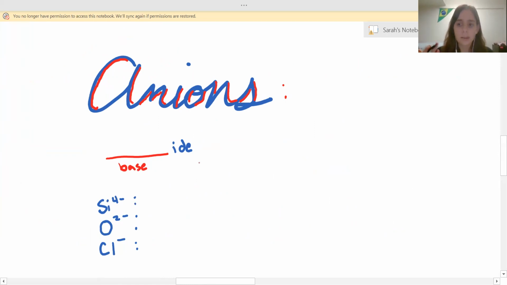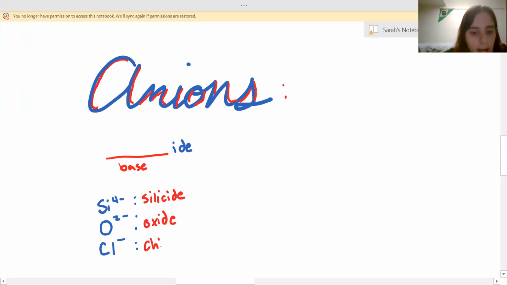What is meant by base is usually the first half of the name of the element. For example, silicon will be silicide. Oxygen will be oxide. Chlorine will be chloride.